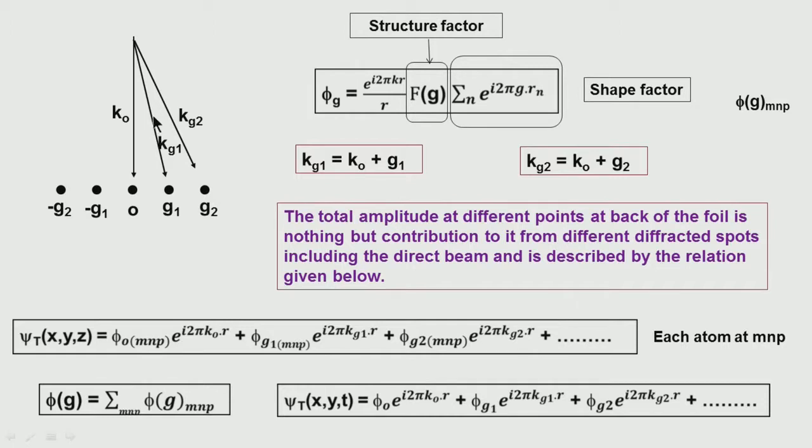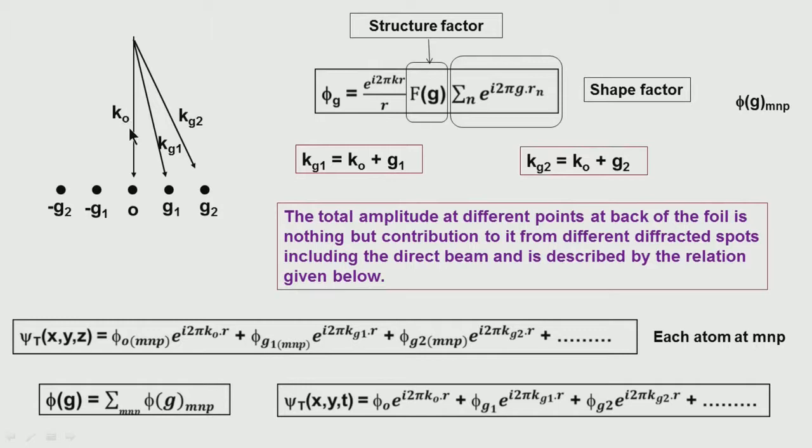Now, in this transparency, we can represent the k vectors corresponding to different scattered directions in this way: k0, kg1, and kg2, corresponding to the diffraction spot g2.